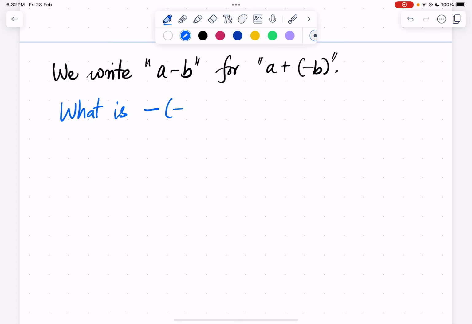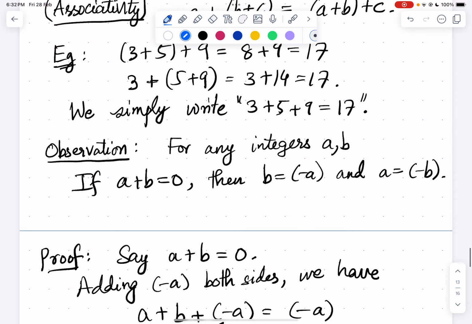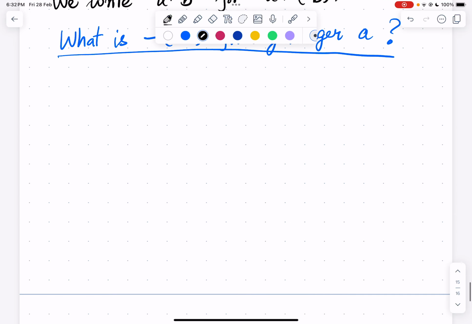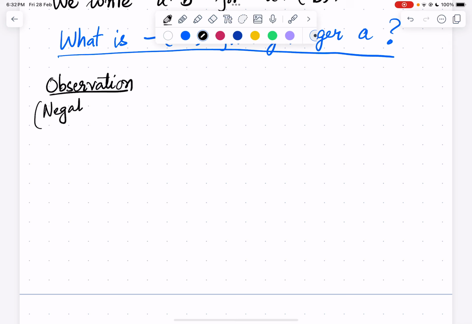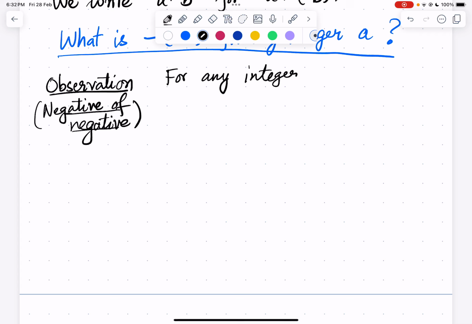What is minus of minus a for any integer a? So this is another observation, negative of negative. For any integer a, minus of minus a equals a.